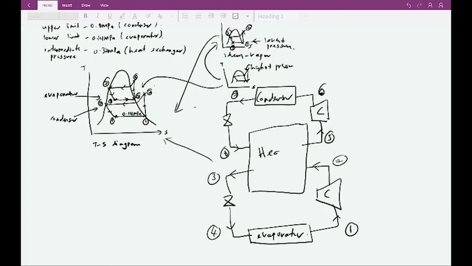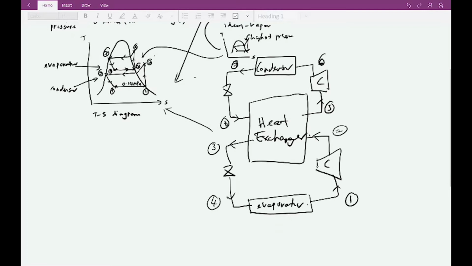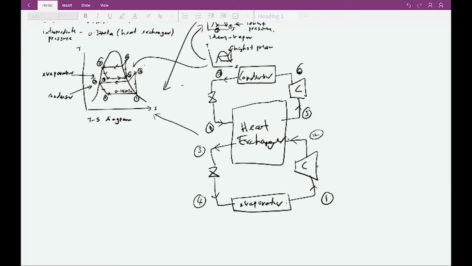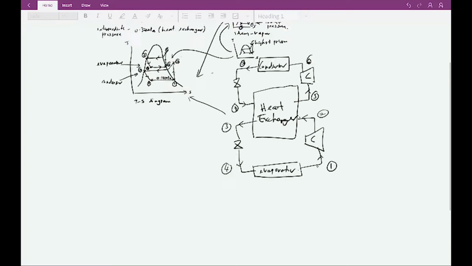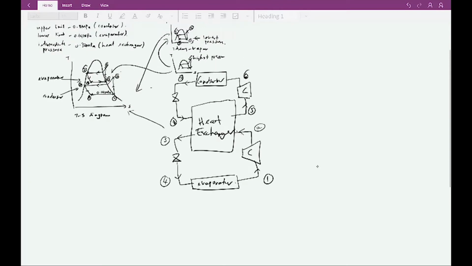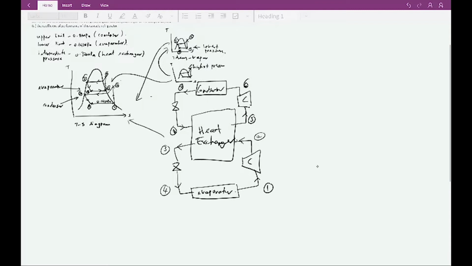So what you must understand is the heat exchanger is the combination of evaporator and condenser. The condenser from the lower cycle, the evaporator from the upper cycle. So hopefully you can understand both the TS diagram and also the schematic diagram.